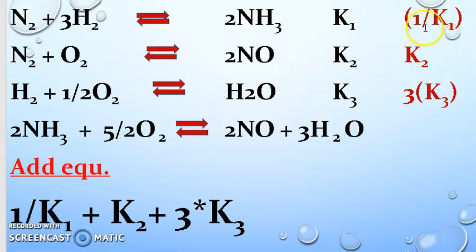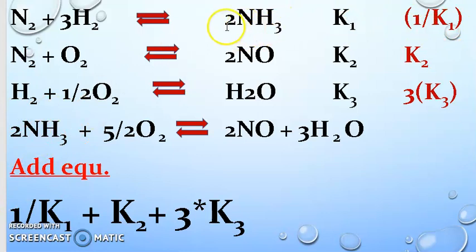Then NH3 comes here, and the equilibrium is between N2 and 3H2. Simply, it is a reverse reaction. That is why I wrote 1 by K1, because you find this term on the right side of the first reaction.